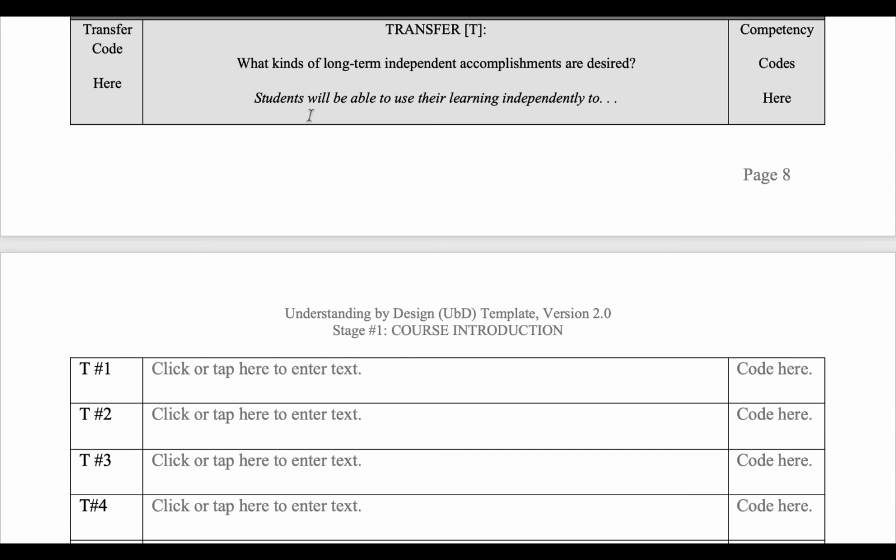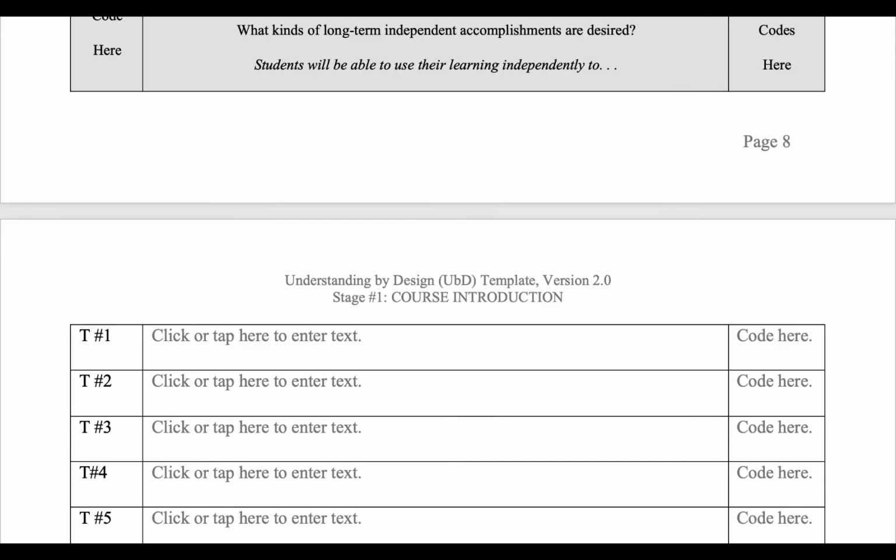And you can think about these by starting the sentence, students will be able to use their learning independently to fill in the blank. And we want to link these transfers to the competencies that we chose. So you're going to drop the competencies codes in at the end here.